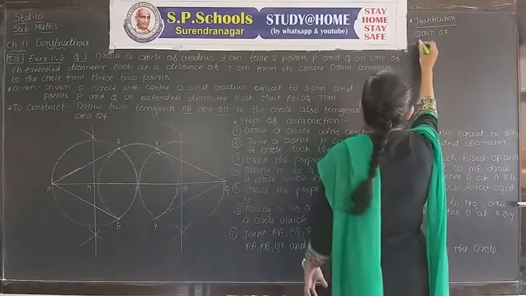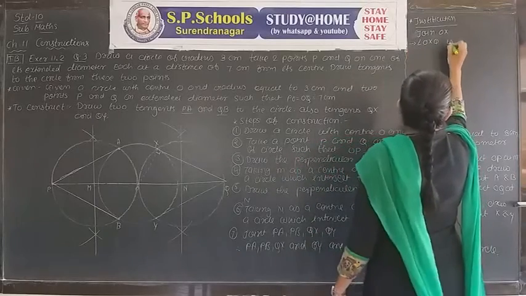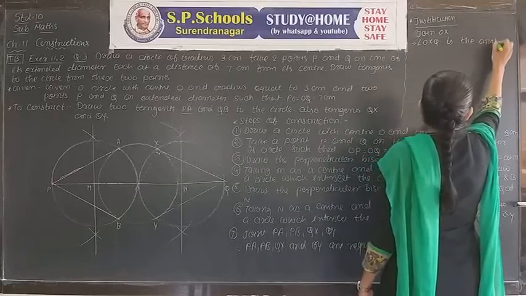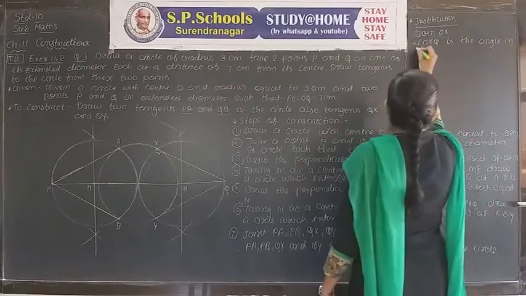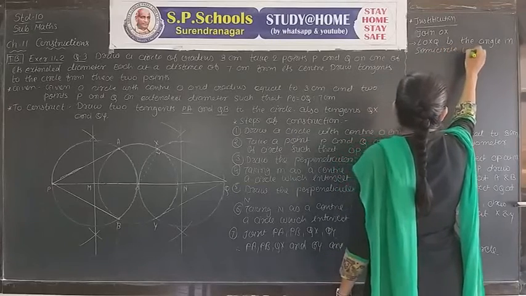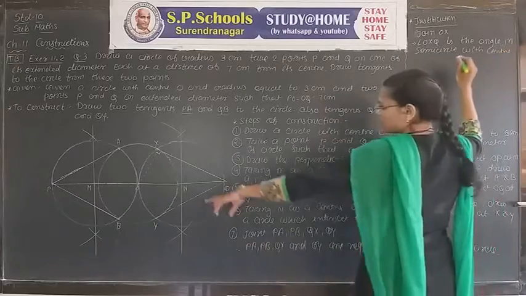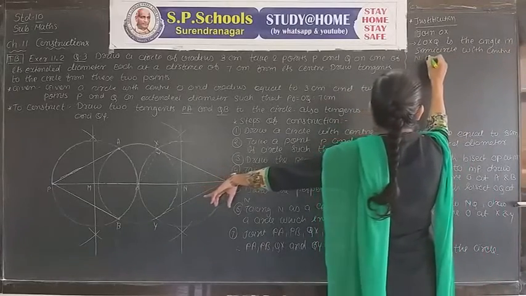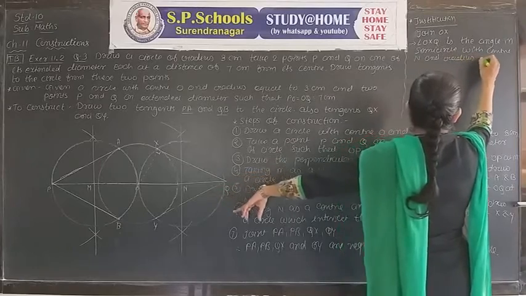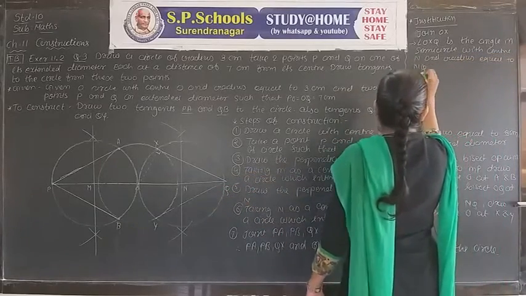Angle OXQ is the angle in a semicircle with center N and radius equal to NQ.